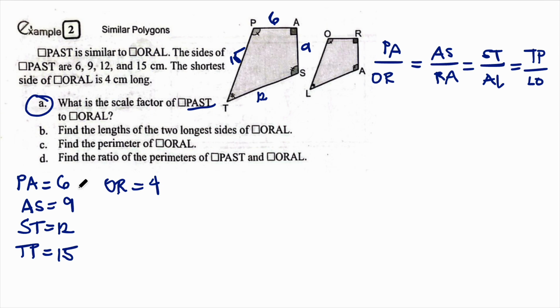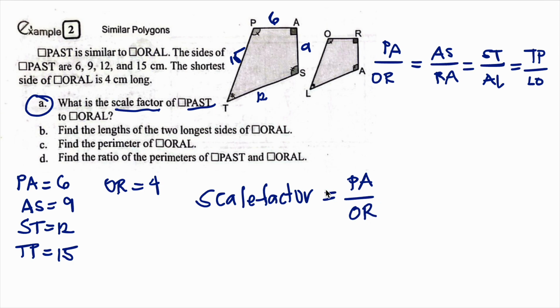So what is the scale factor of these two polygons? The scale factor is the ratio of the lengths of two corresponding sides. Let's say the scale factor is equal to PA over OR, because there is a given OR, which is 4.